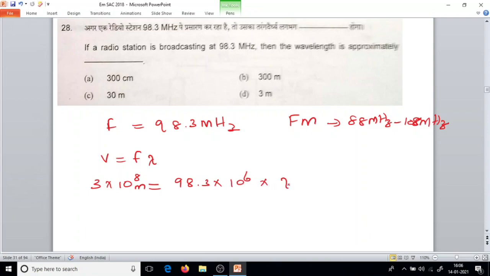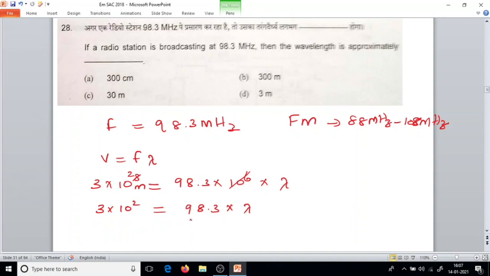Lambda we have to find out. Cancelling 10 to the power 6 from both sides, I'll be left with 3 into 10 to the power 2 equals 98.3 multiplied by lambda.